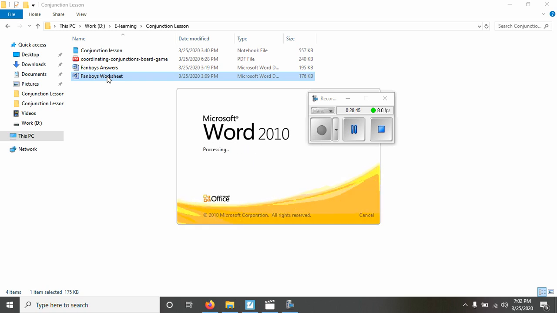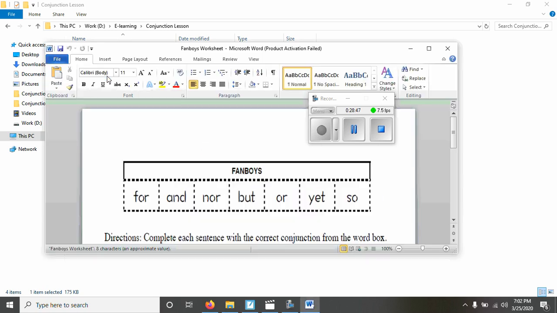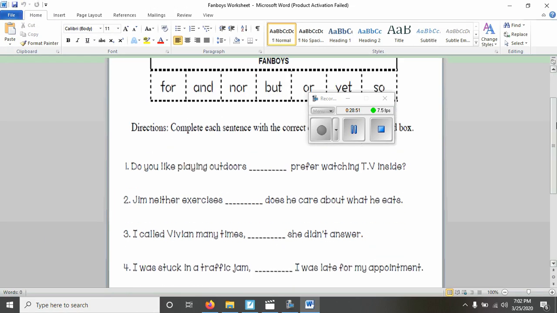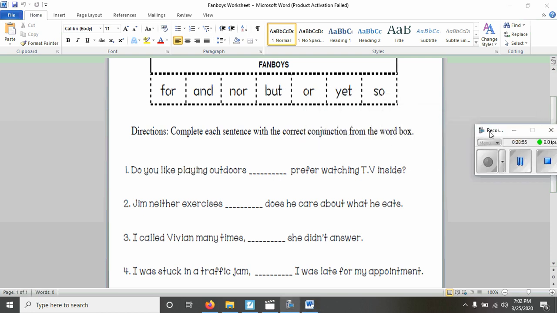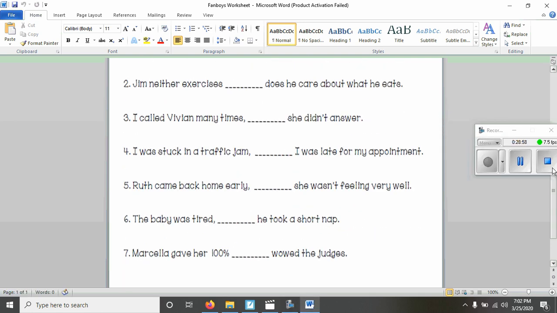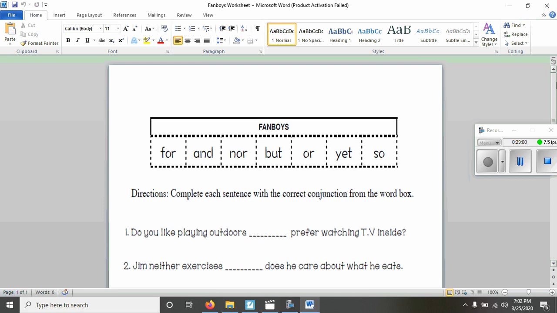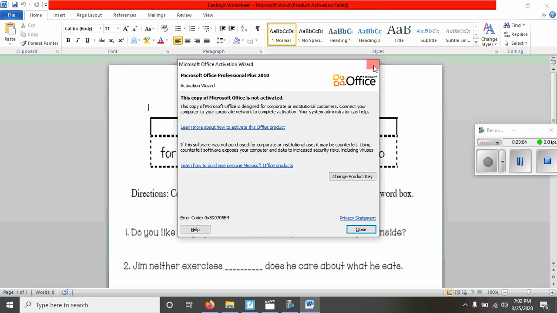You will find it as the FANBOYS worksheet. Here you are. FANBOYS are there. And then you just answer the 8 questions. They're very, very easy. And then give yourself a score out of 8.